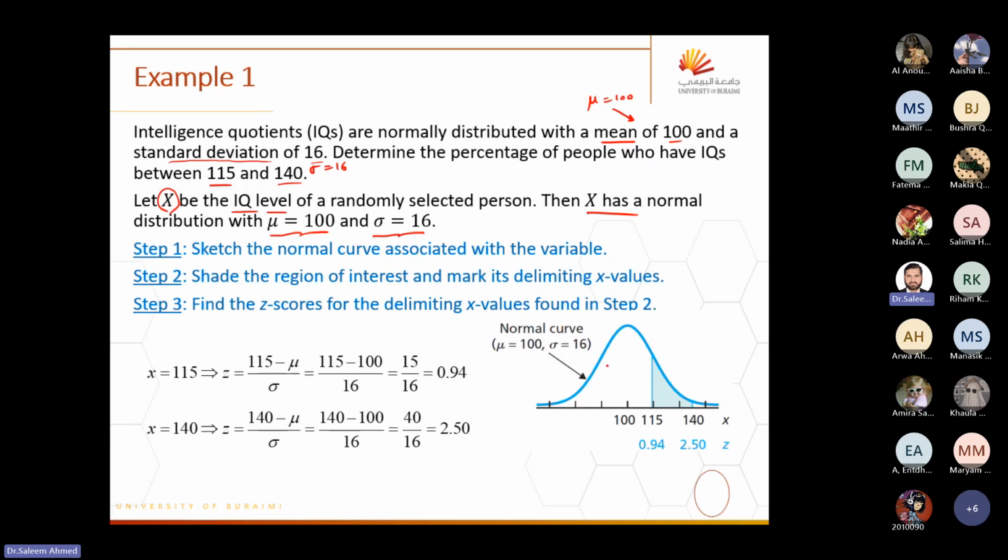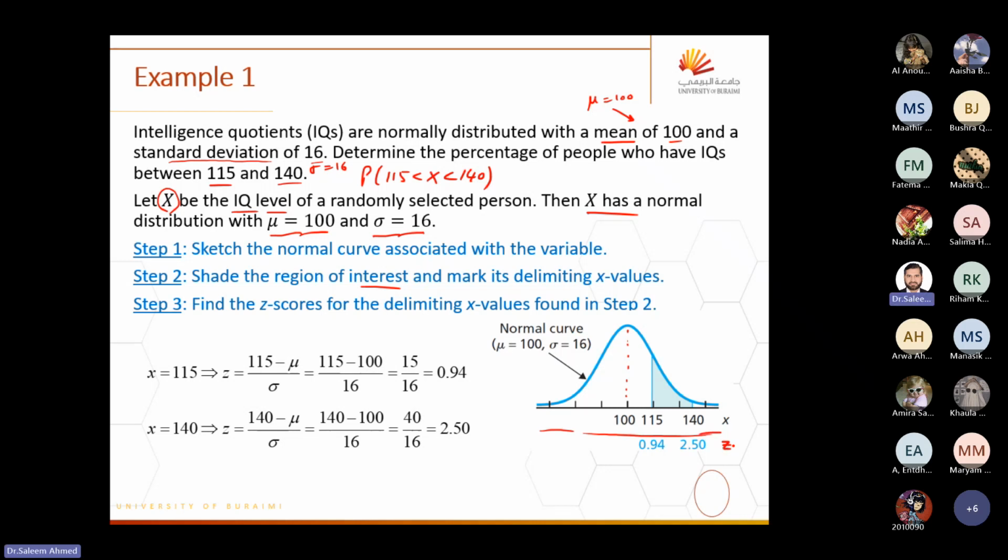If I sketch a normal curve, 100 is in the middle because 100 is my mean, right? And sigma 16. Then select the region of interest. Region of interest means what they are asking. They are asking me the probability between 115 and 140, right? So I can draw 115 and 140. Now, with that, I can also draw a z axis.